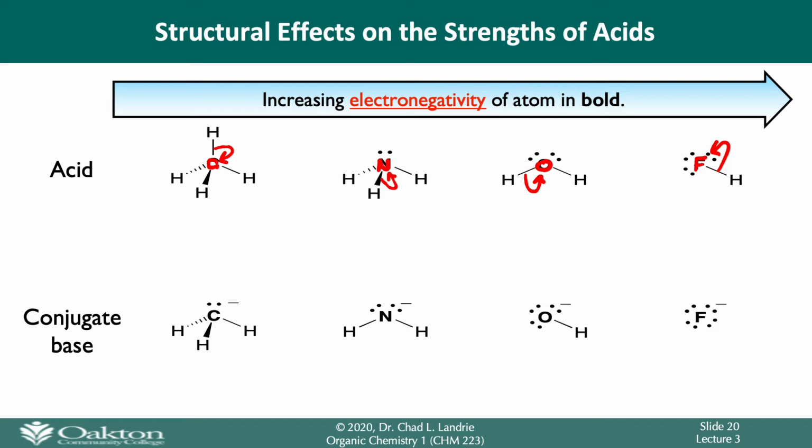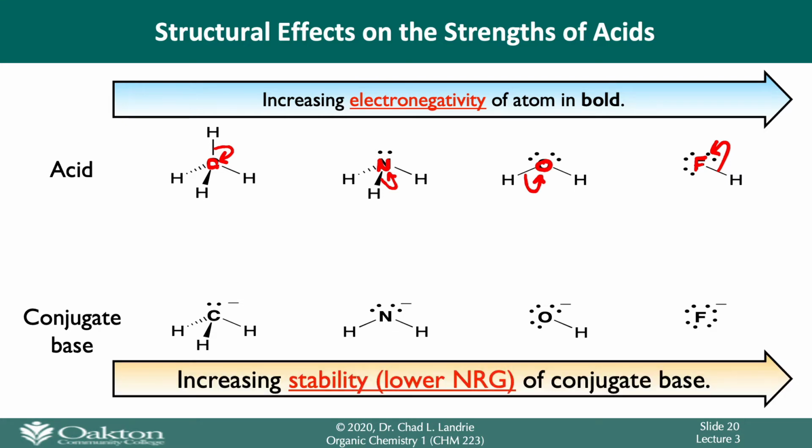Fluorine is the most electronegative. Carbon is the least in this series. Our electronegativity principle says the more electronegative the atom that's losing the hydrogen, the more stable that conjugate base is, and the more stable the conjugate base, the stronger the acid.